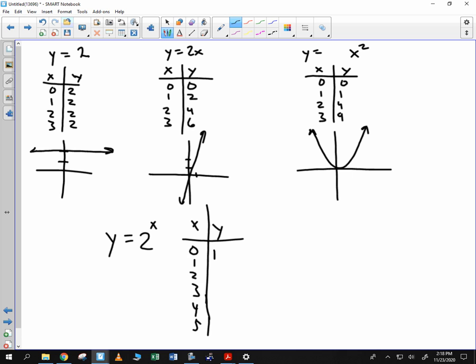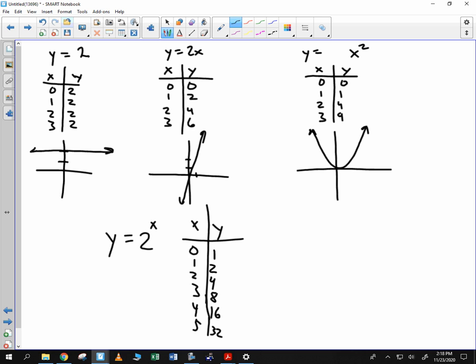Then 2 to the 1 power is 2. 2 to the 2 power is 4. 2 to the 3 power, that's 2 times 2 times 2, is 8. And then you have 2 times 2 times 2 times 2, which is 16. So you can see each piece is being multiplied by 2. Next time you get 32, and so on and so forth.